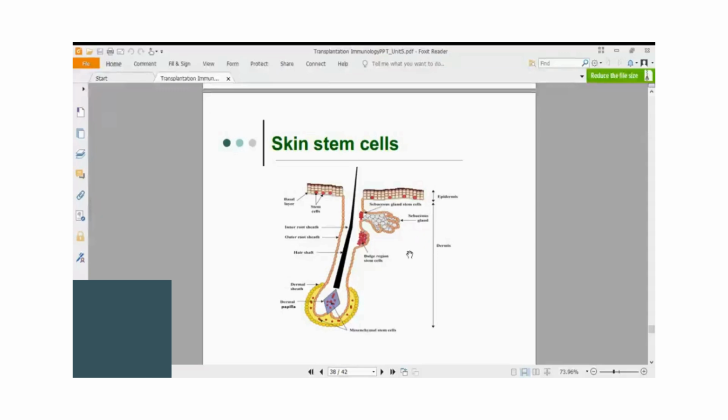Another important point is that obtaining skin stem cells is less invasive compared to other tissue organs. That doesn't mean you're not supposed to do invasive surgery; one can obtain stem cells from other organs also.